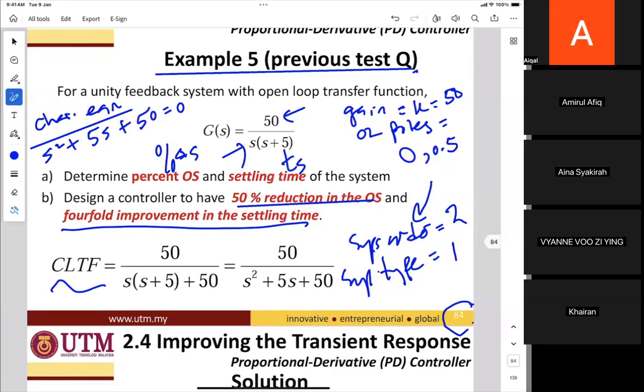Not completed. Aina, what is the characteristic equation? s square plus 5s plus 50 equal to 0. Okay, very good.